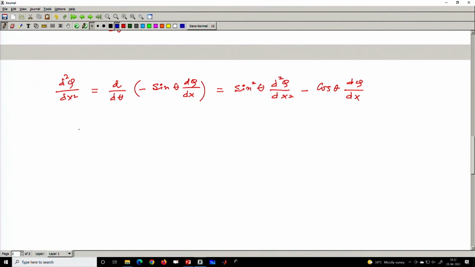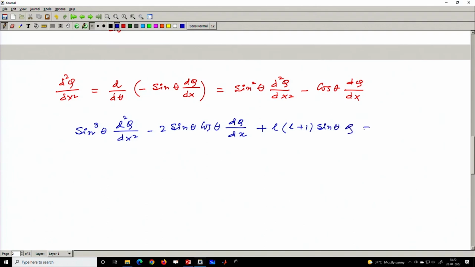It gives me sin cube theta d2q dx square, and then minus 2 sin theta cos theta dq dx, plus L into L plus 1 sin cube theta q equal to 0.